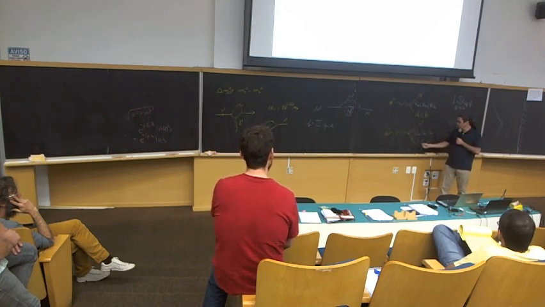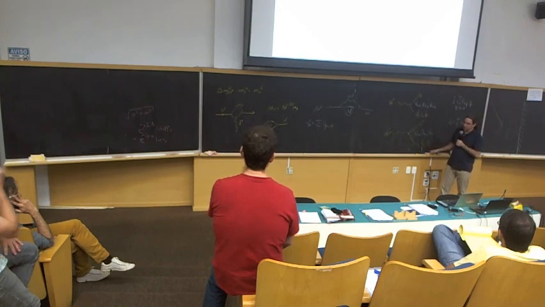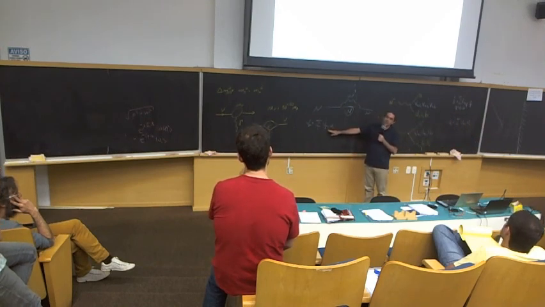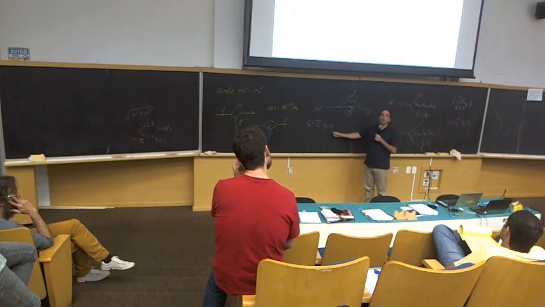Remember, nu 1 knows how to produce electrons, nu 2 knows how to produce electrons, and nu 3 knows how to produce electrons. But we know already that this linear superposition of nu 1, 2, and 3 does not know how to produce electrons. So there has to be a cancellation.